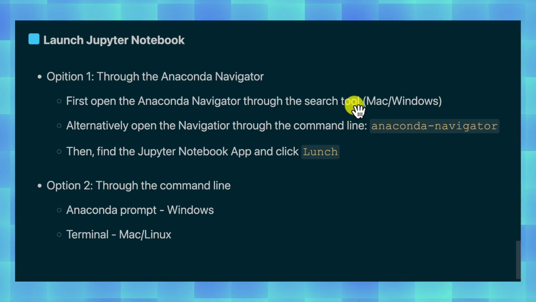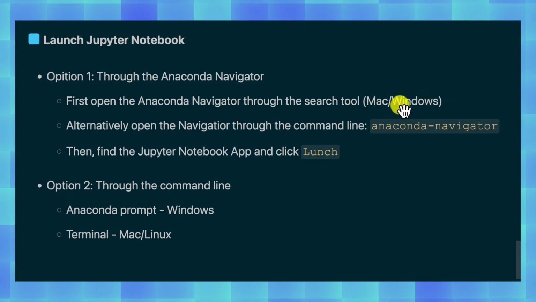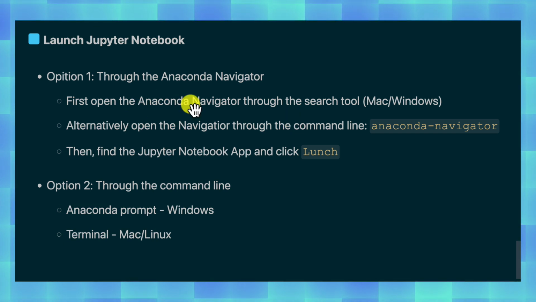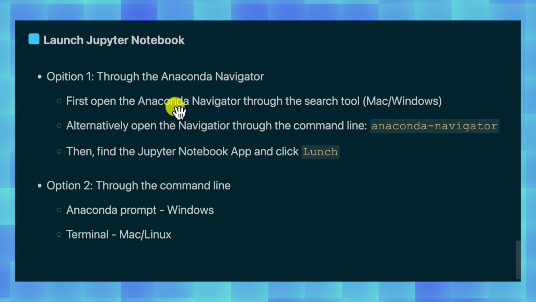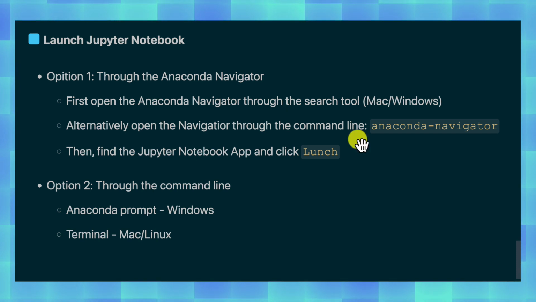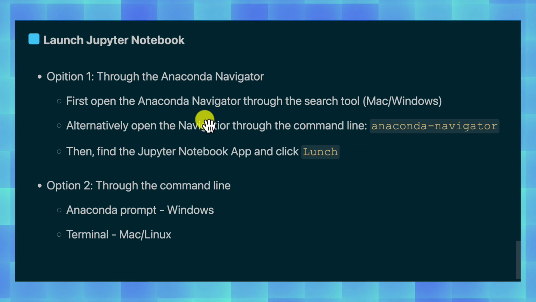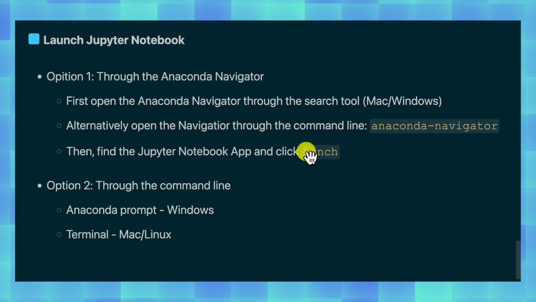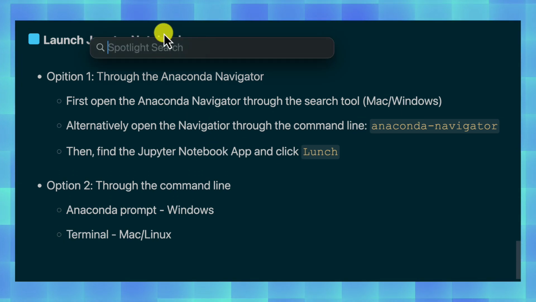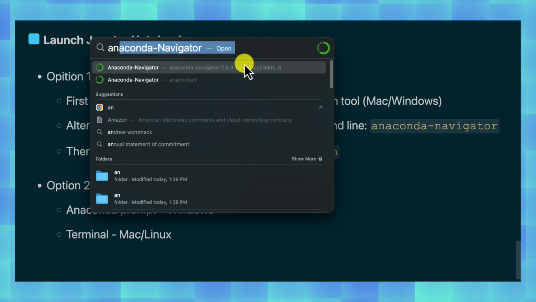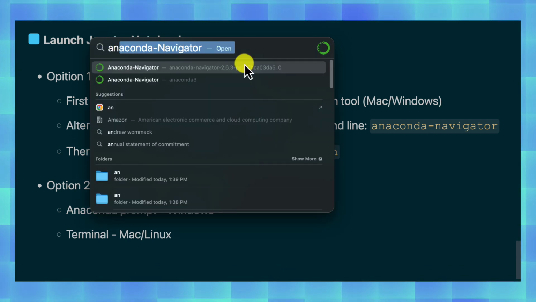So if you go to the search box in Windows and type Anaconda Navigator, that will pop up and you will click on that and it will open the navigator for you. But I'm going to show you how that works on a Mac machine. So Command-Space to go to the Spotlight search, and we can search for the Anaconda Navigator and just hit the return or enter key.